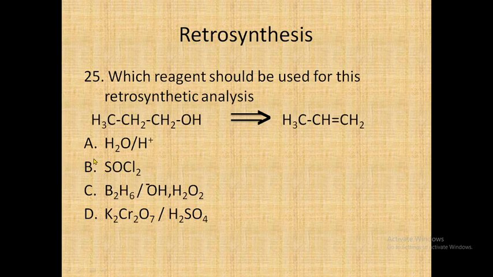Out of the four, the alcohols are obtained by reagents A and C, not by B and D. So our answer should be A or C. But if you see here that addition of water takes place, HOH, it is according to Markovnikov's rule, whereas here we need anti-Markovnikov. So you get the alcohol group at the carbon where more hydrogens are attached. The negative part goes to the carbon which has more hydrogens. That can be done by the hydroboration oxidation reaction, and that's why the correct answer is C.